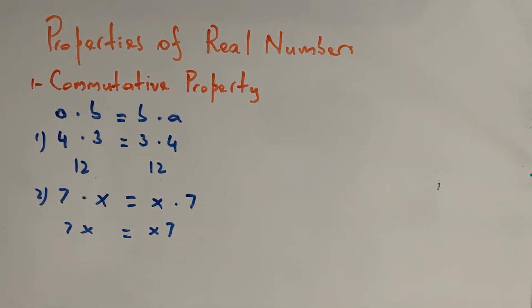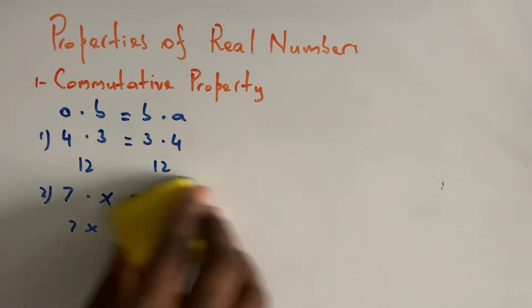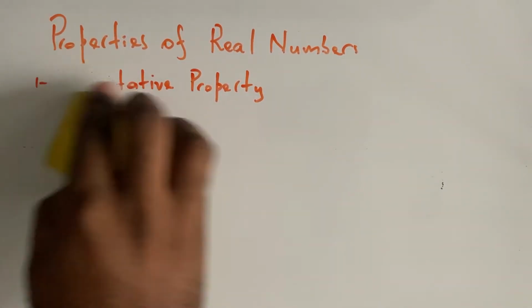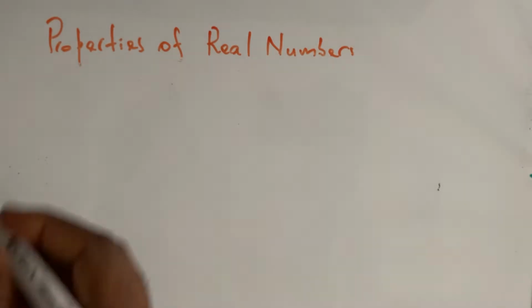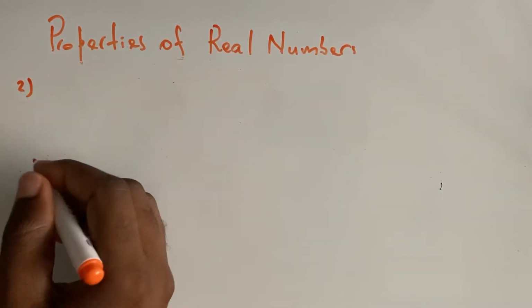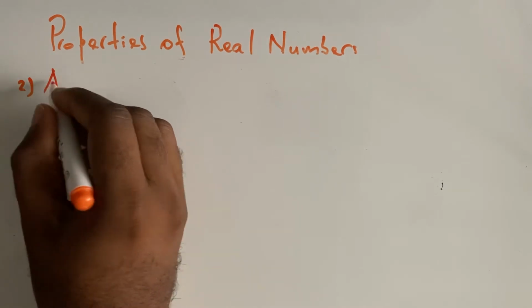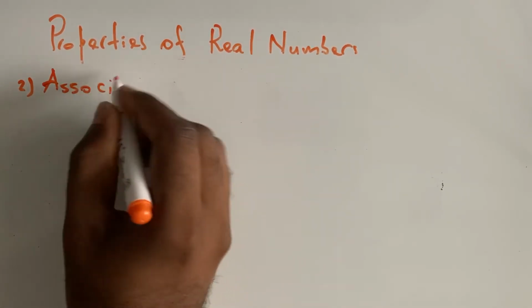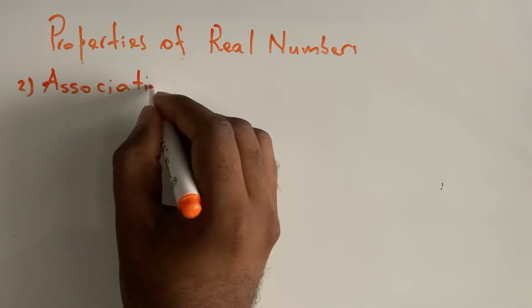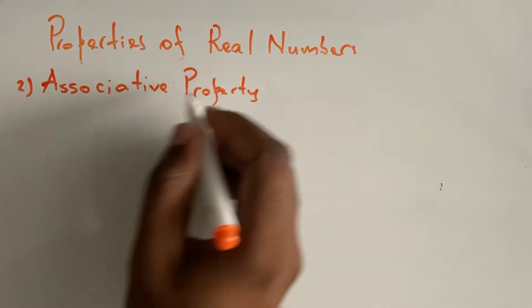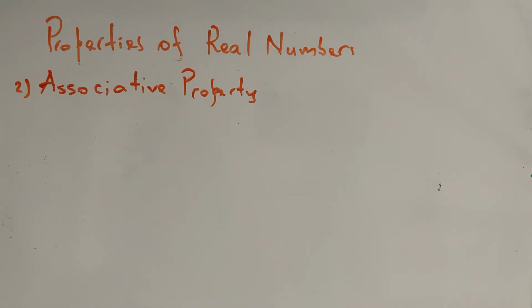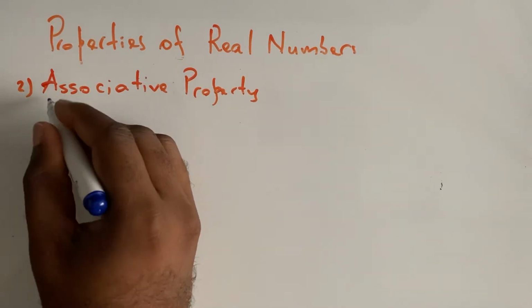You should remember this. Now, the second property we can cover here is what we call the associative property. Again, here you have it for addition.